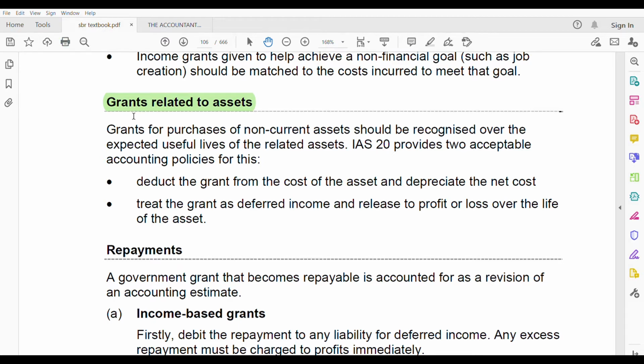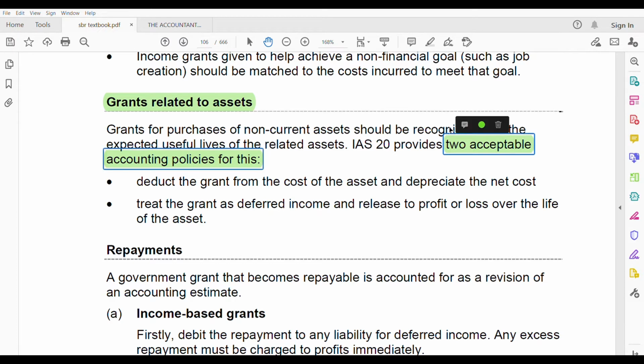For example, grants for purchases of non-current assets should be recognized over the expected useful life of the related asset. IAS 20 provides two acceptable accounting policies for this. If it is relating to assets, for example, if you want to buy a non-current asset that is so expensive that you want a government grant for it, you can recognize this using two accounting policies.